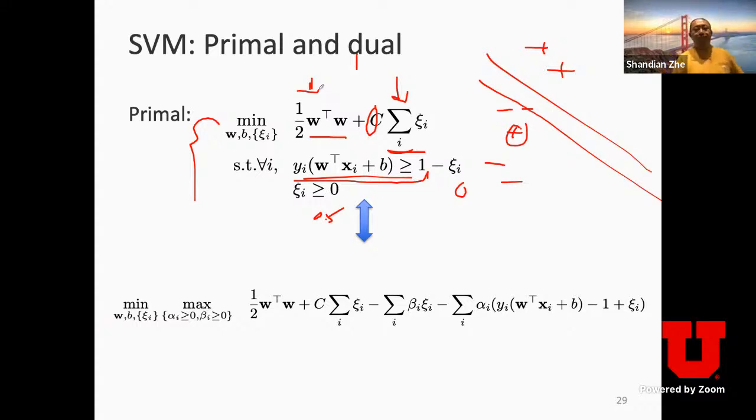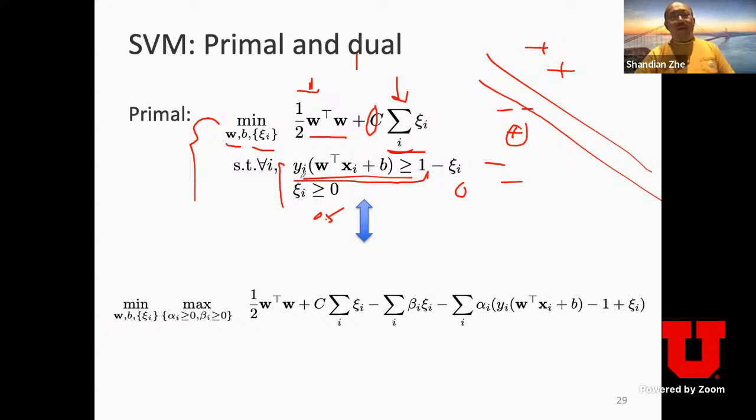And then we want to minimize this whole objective with respect to model parameters, that is the feature weight vector W, the bias parameter B, and this set of slack variables. And remember, for every training example i, we have two constraints here. First, the slack variable must be non-negative.